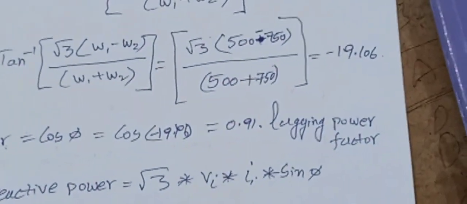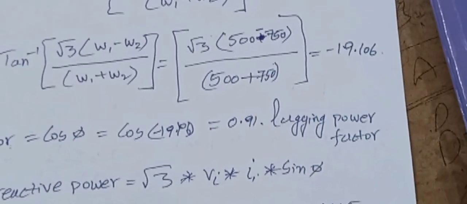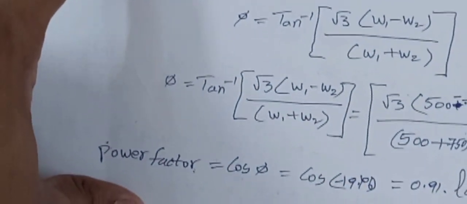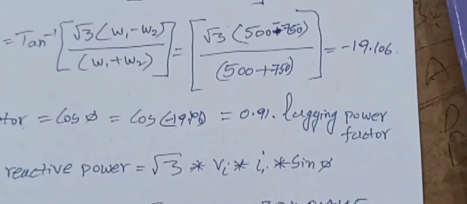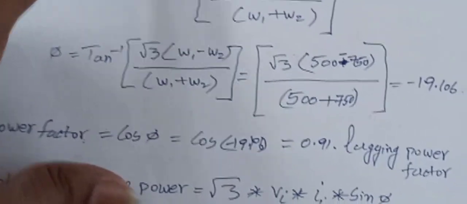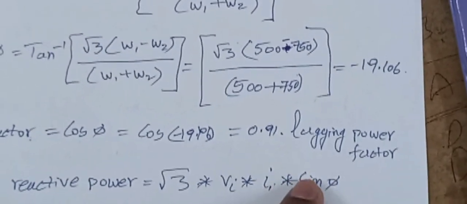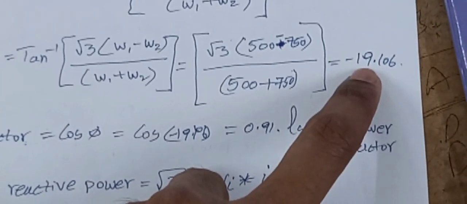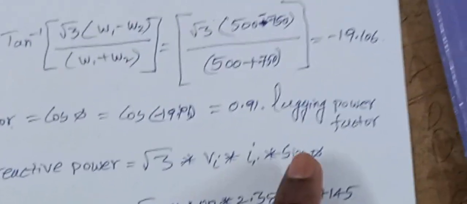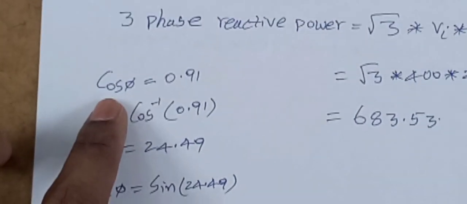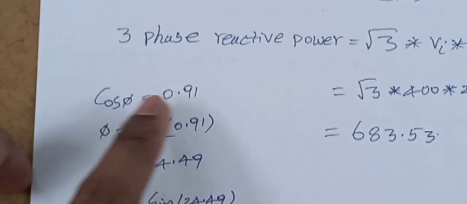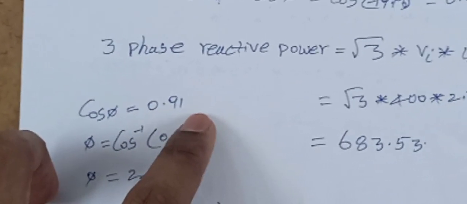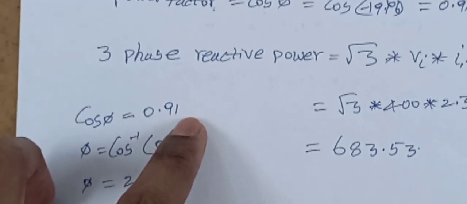That value we can substitute: root 3 into 400 volts, the input voltage, and 2.38 the current value, into the sin value. We can take sin of minus 19.106 directly, that is also right, or otherwise you can calculate from the cos value. Already we got the cos value as 0.91 or 0.94 something.